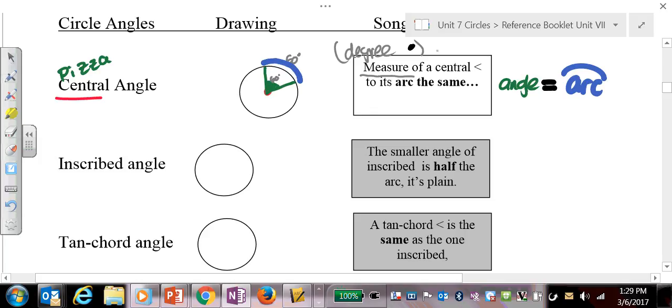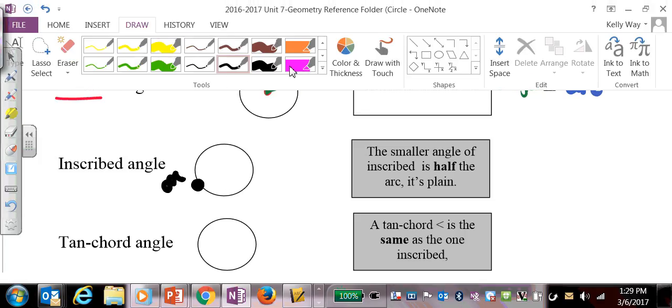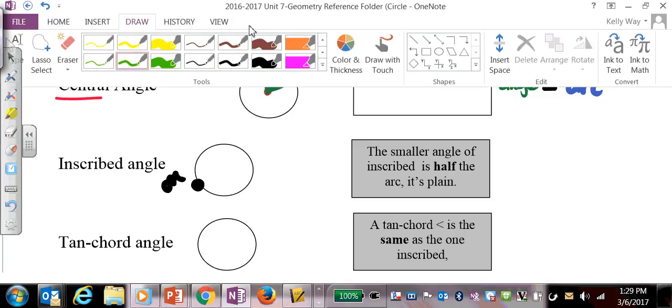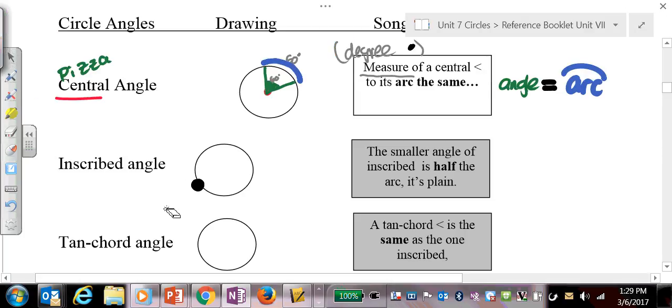Center. Not to be confused with inscribed. Inscribed, ready? Darken the vertex. The vertex is on the circle. This is called an inscribed. On. Let me get out of the fat pen here and write that a little bit more neatly.